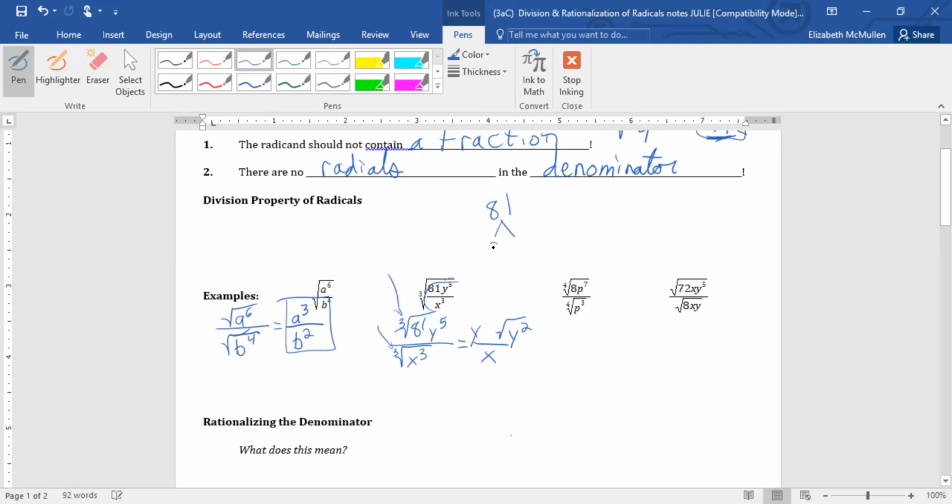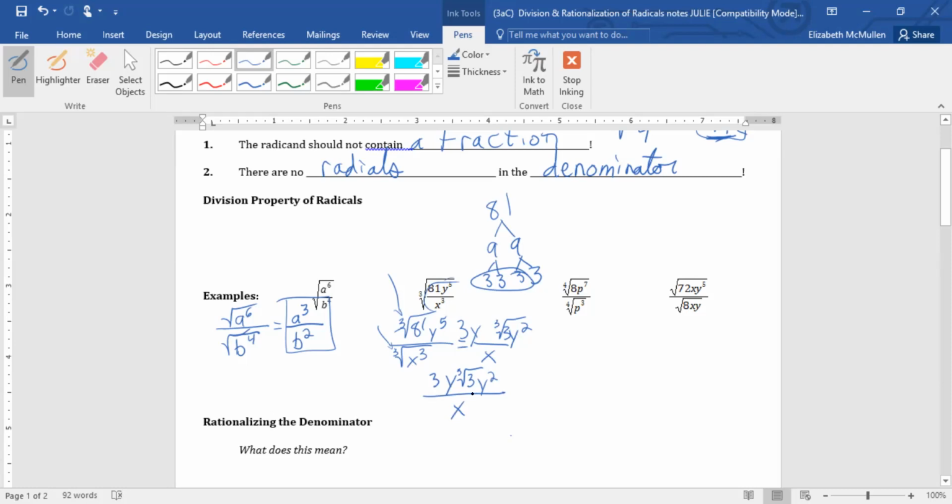Well, 81 is 9 times 9, and 9 is 3 times 3, and I need a group of 3 to come out, so looks like 3 comes out, and 3 stays in. All right, let's rewrite this to make it a little neater. So 3y times the cube root of 3y squared, and remember it's the cubed root over x.